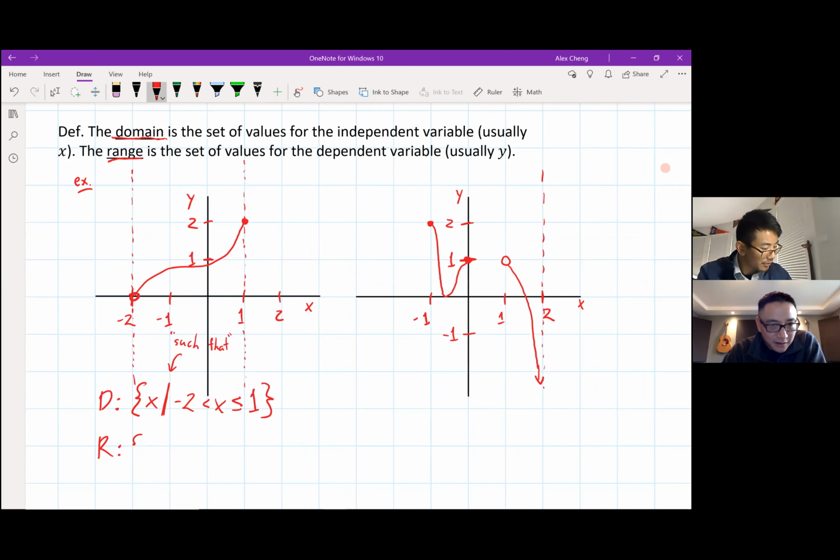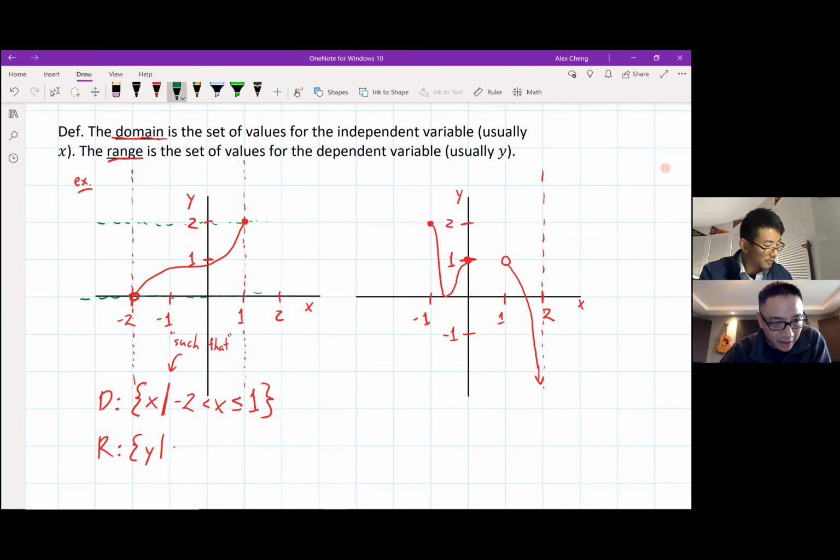Okay, it looks like for the range, we're looking up and down on the y-axis. So it looks like we start at 0, and it goes all the way up to, not including 0 because of the open dot, and then it goes up to 2 and including 2.